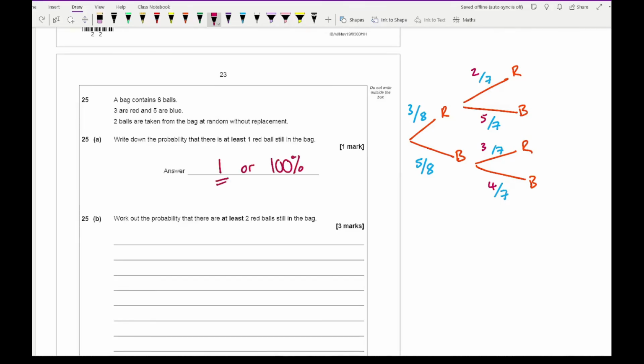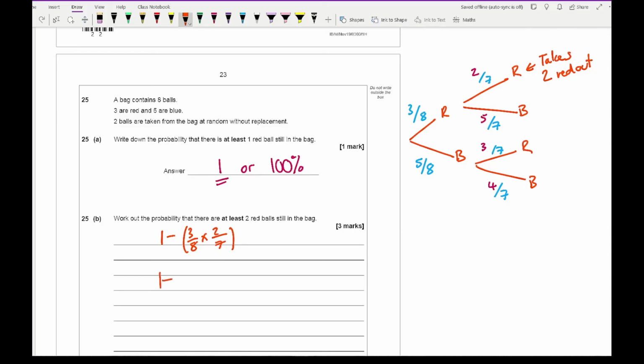Now in terms of question B, it says work out the probability that there are at least 2 red balls still in the bag. Well, the only time that there's not going to be 2 red balls left in the bag is this one, so this one's going to take 2 red out. So that's the one that we don't want. Now to work out the probability of that scenario, we need to do 1 take away 3/8 times 2/7.